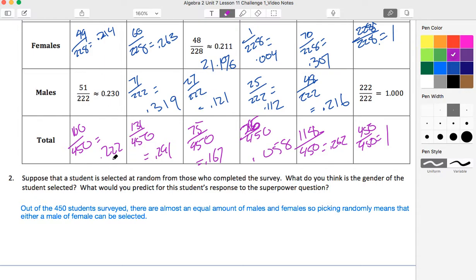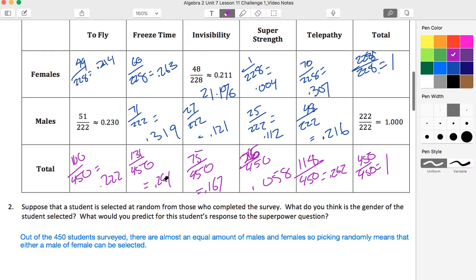So 22% of the population would choose to fly, 29% would choose to freeze time, 16.7% would choose invisibility, 5.8% would choose super strength, and 26.2% would choose telepathy.